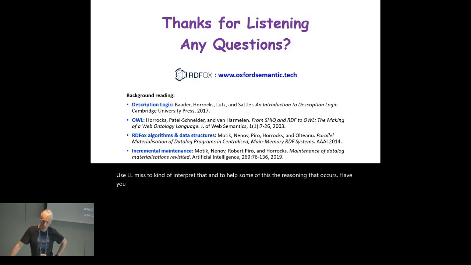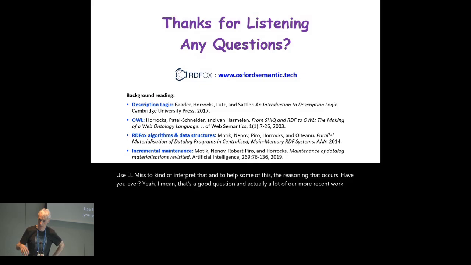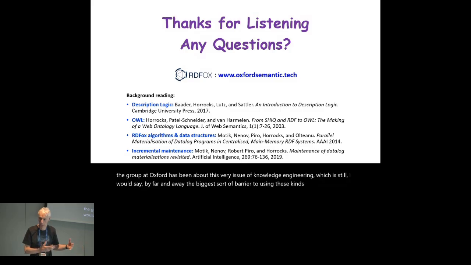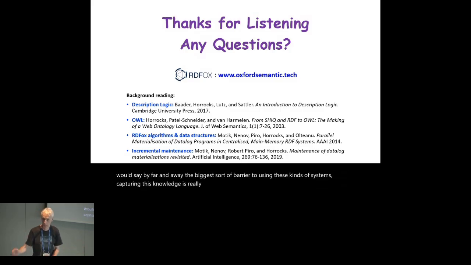Have you ever? Yeah, that's a good question. And actually, a lot of our more recent work in the group at Oxford has been about this very issue of knowledge engineering, which is still, I would say, by far and away the biggest barrier to using these kinds of systems. Capturing this knowledge is really hard. Integrating knowledge from multiple sources is really hard.